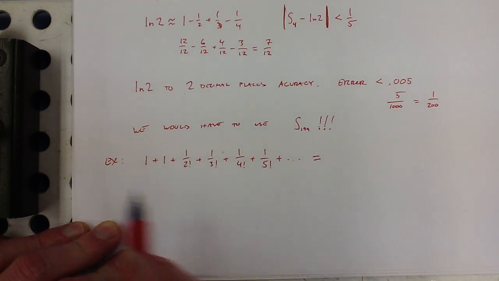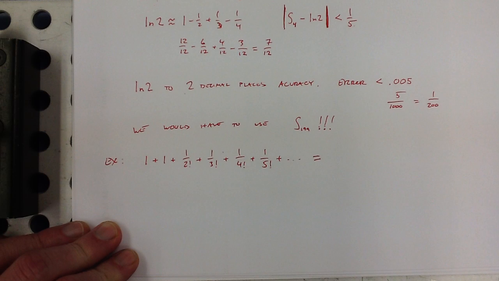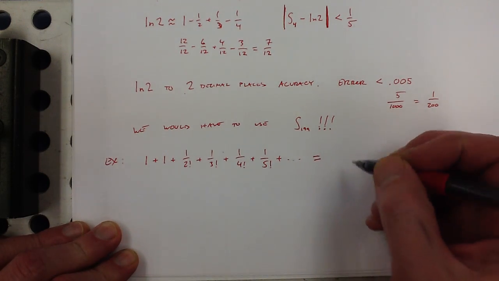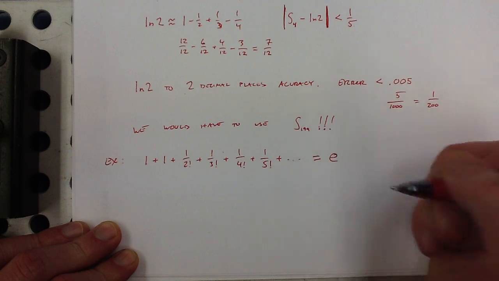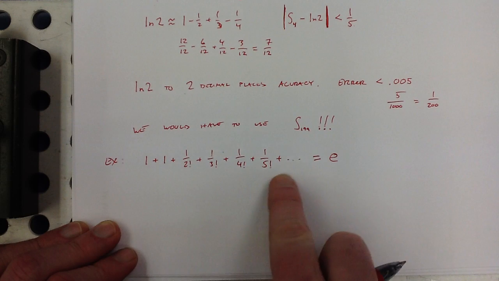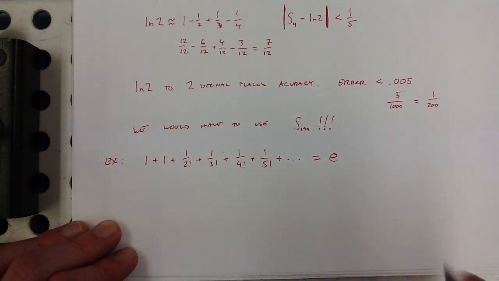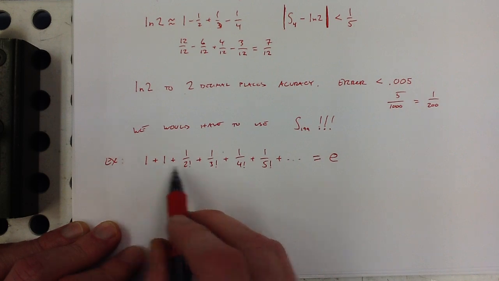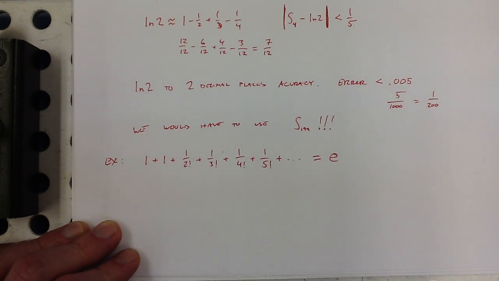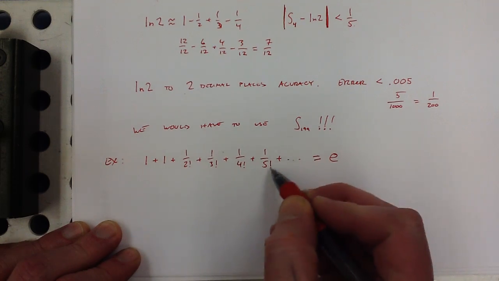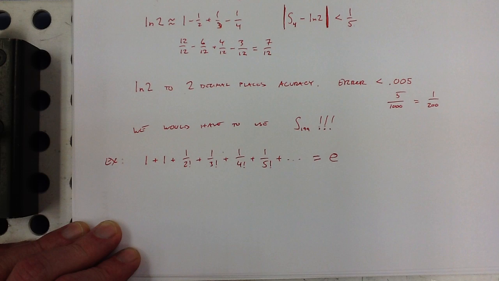You should try a few terms in your calculator and pause and see what it's coming close to. But sure enough, it's E. Later in this chapter, we will prove that this is true. But we're not there yet. Now this series actually converges very quickly to E, because these numbers are getting very big, right? We're adding smaller and smaller fractions.